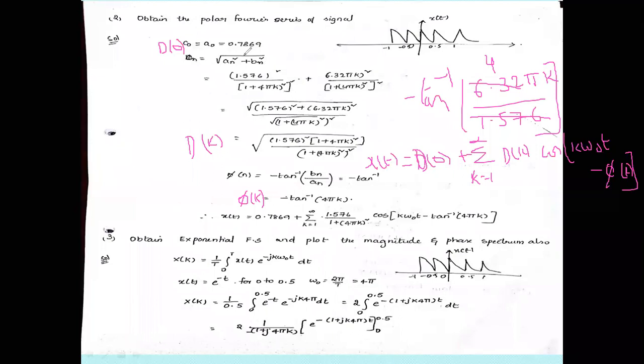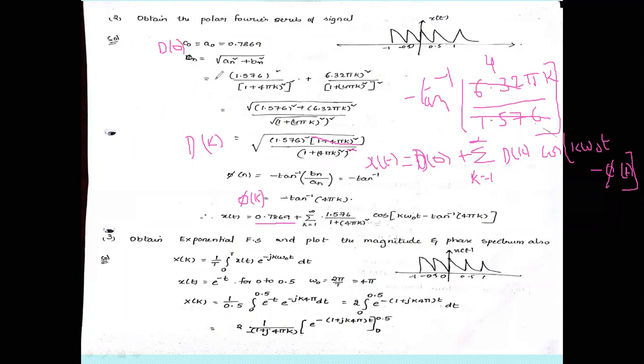What is D of 0? We got 0.7869. And the sum of k equal to 1 to infinity. What is D of k? You see the D of k, I already told you, 1 plus 4 pi k squared, and this term is also cancelled, the squared term.